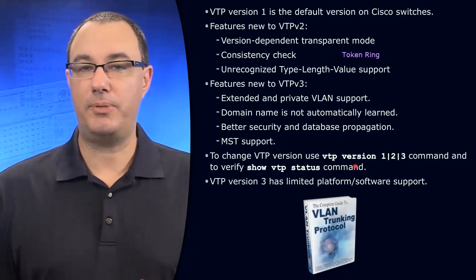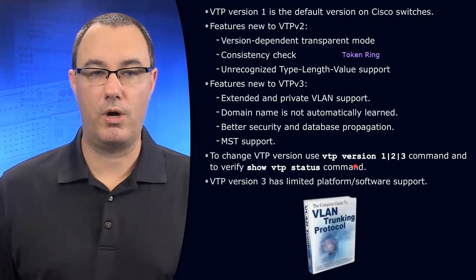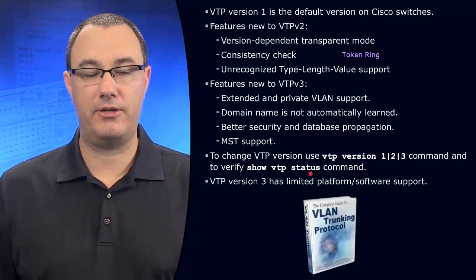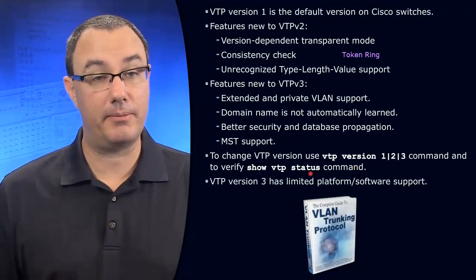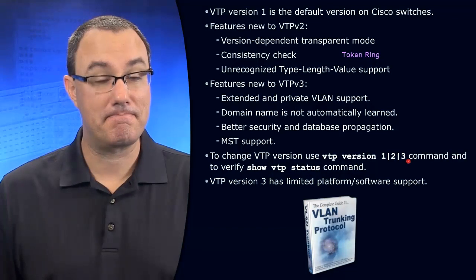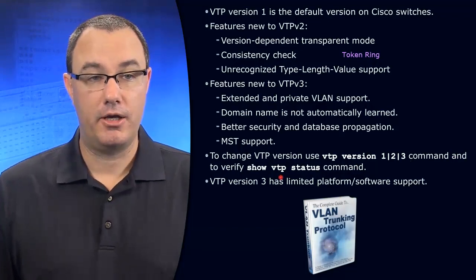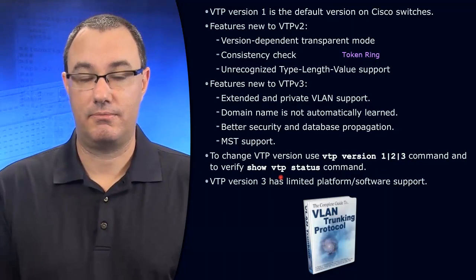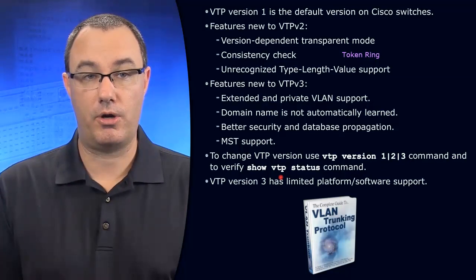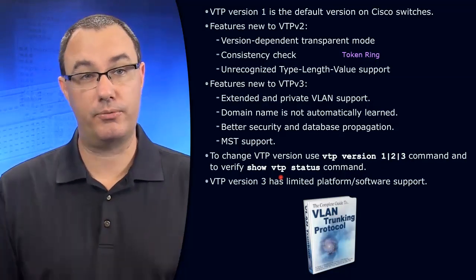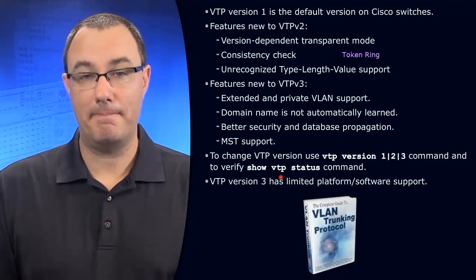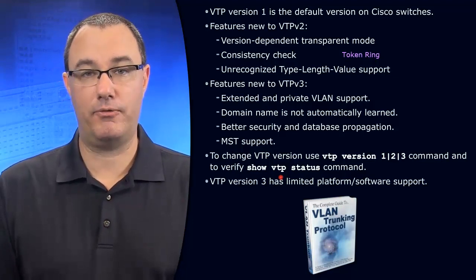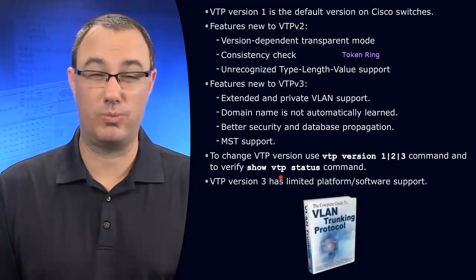So VTP, change the version, 1, 2, 3, show VTP status to confirm. Now, you may not be able to do version 3, by the way. Show VTP status to confirm what version you're on. And by the way, you want all of your switches to be running the same version in the same switch block. That's really important.